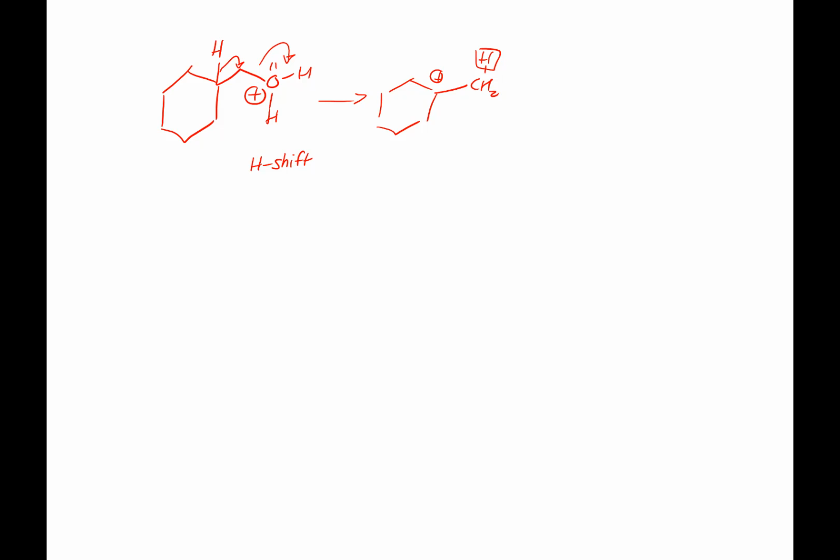So that's how we do the shifts without ever forming the primary carbocation. Questions?